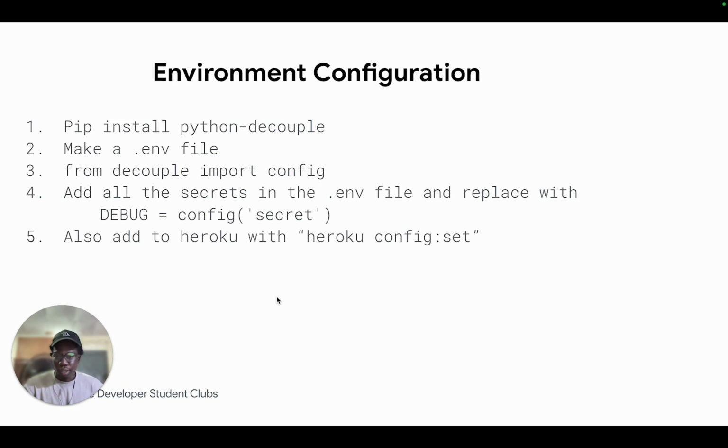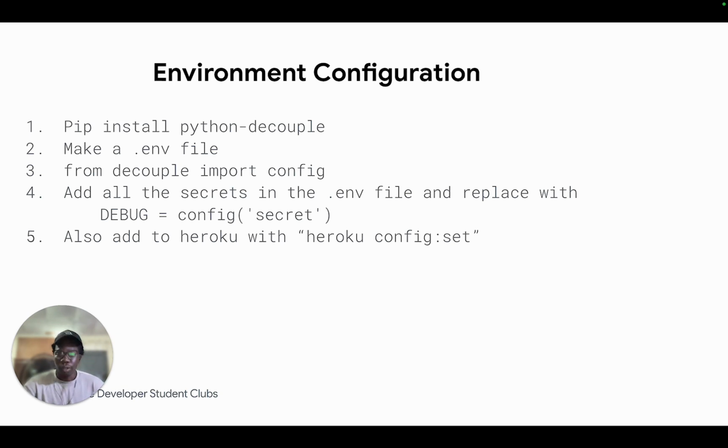Then you have to make a .env file. A .env file is basically a hidden file that contains all your secrets. Make sure you do not push this file to GitHub, Git bucket, any Git storage, nothing like that. Do not push it. It should be hidden, transferred secretly. If you want to give it to one of your co-workers, let's say you're working in a team, send it secretly, not through GitHub, unless it's private.